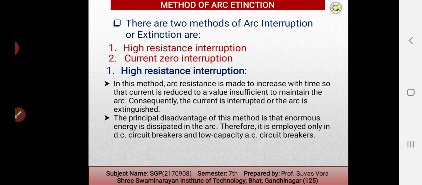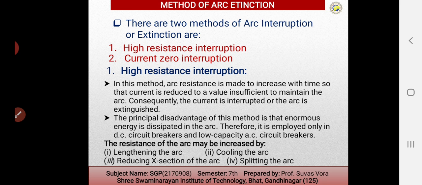So the principal disadvantage of this method is that enormous energy is dissipated in the arc. Therefore it is employed only in DC circuit breakers and low capacity AC circuit breakers.